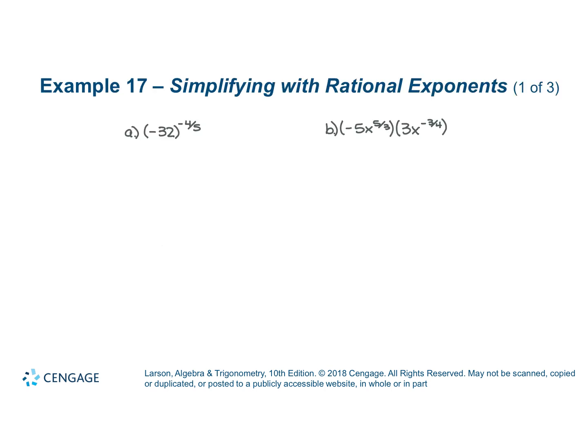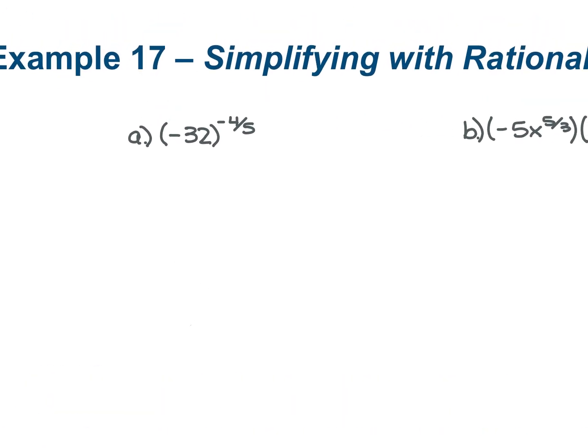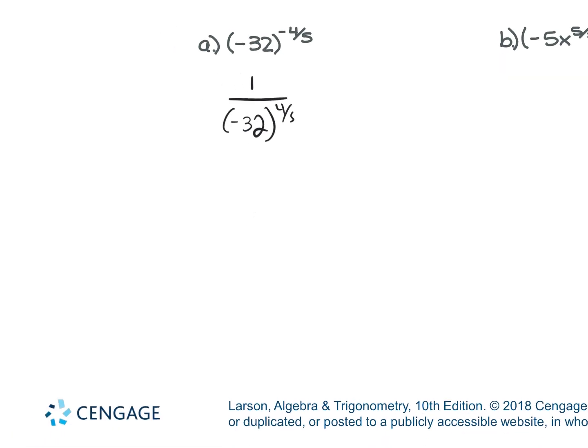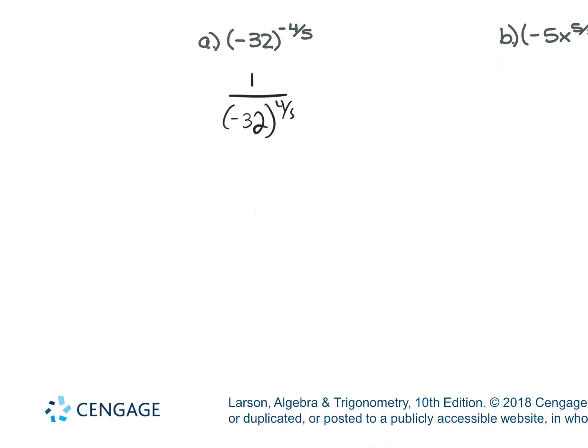All right, so for example A, we have negative 32 to the power of negative 4 over 5. Remember, the fact that it's negative doesn't mean it's wrong, it's just not happy where it's at. So it's going to become 1 over negative 32 to the 4 over 5. Now that we have it in the place where it wants to be, I'm going to rewrite it into radical form so you guys get a little bit more comfortable with what I'm writing.